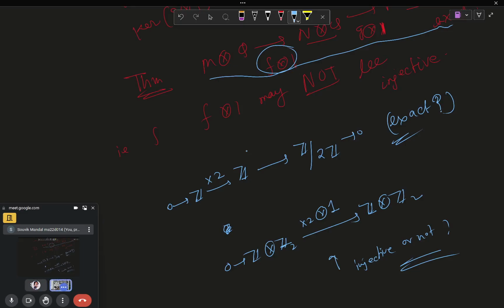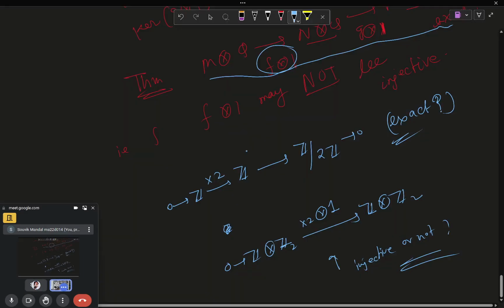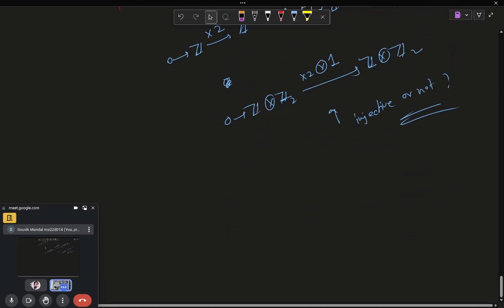You are getting this to be injective, right? Yes. So what is the map? The map is n tensor x bar goes to 2n tensor x bar, right?